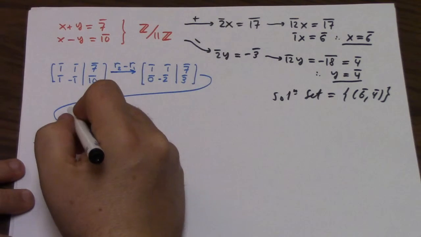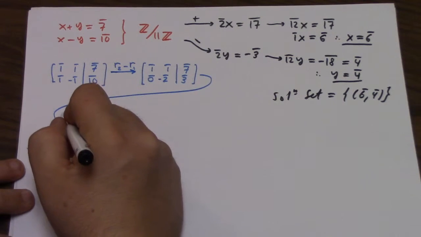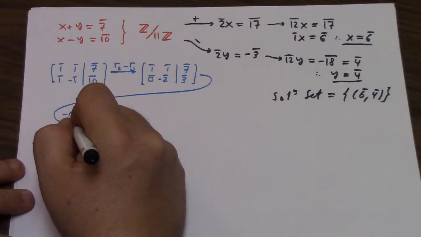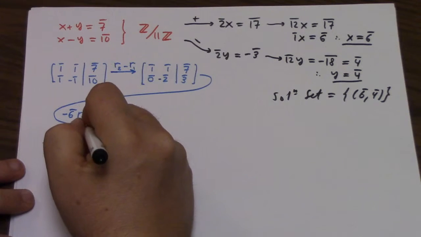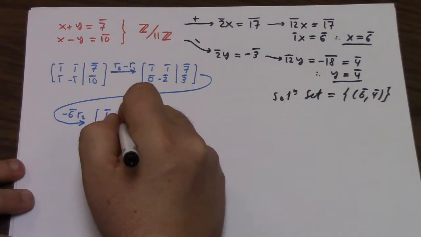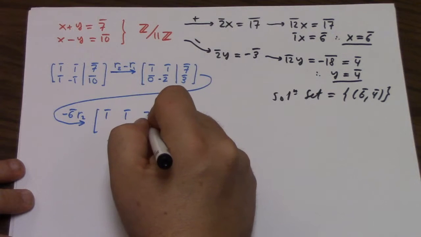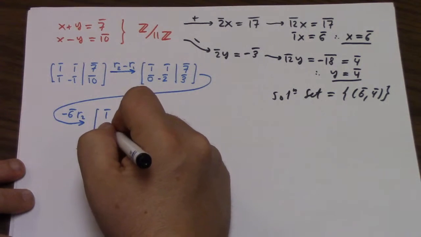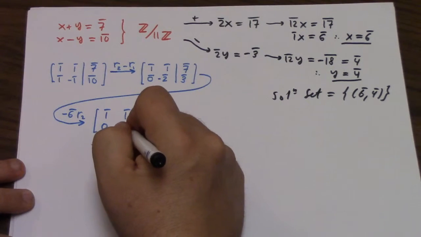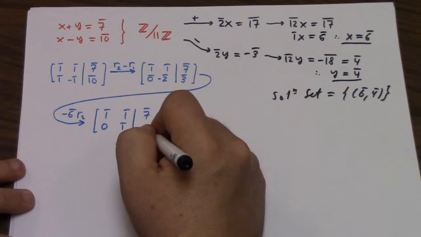Now, what I would do is go from there to, let's say, minus 6 bar times row 2, which gives me 1 bar, 1 bar, 7 bar, 0, 1 bar, minus 18 bar.